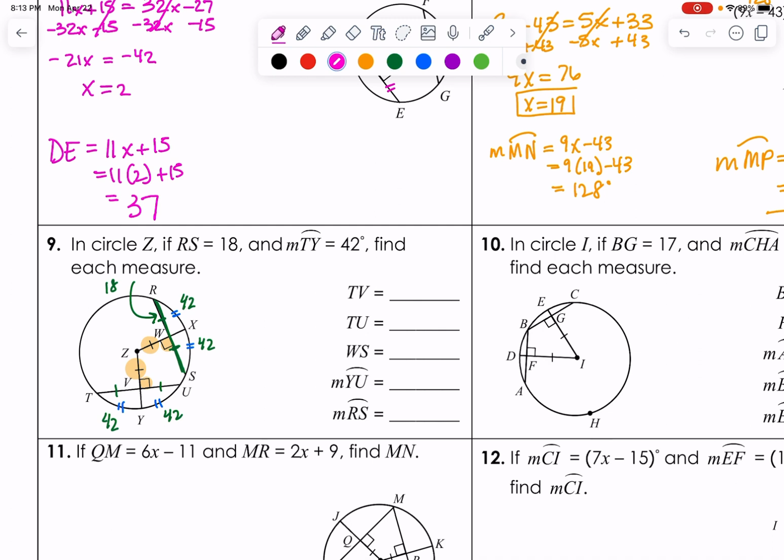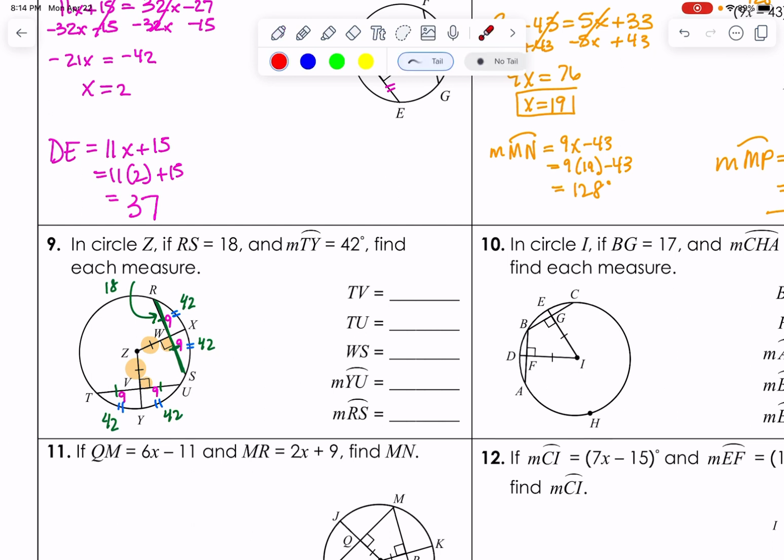That means that each of its pieces, RW and WS, each of those have to be 9. We know it bisects. Where there's 1 green line, those are all 9. That's all I need. Now I'm either going to write that number down or I'm going to put it together.